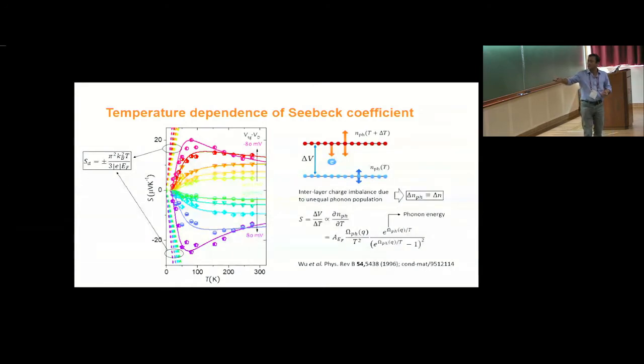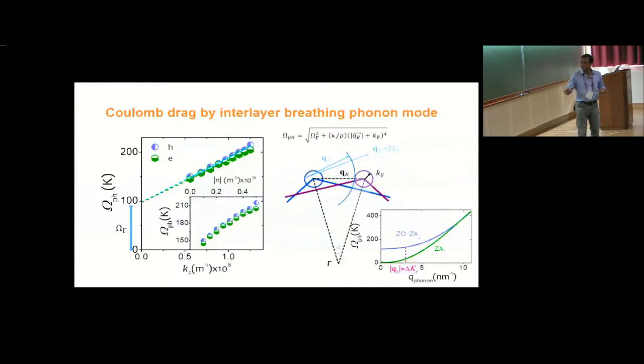As a result, you have a thermopower which is fairly well described by this expression, and it also allows you to know what the phonon energy is that is responsible for this kind of behavior. It turns out that this agrees wonderfully with the zone boundary phonons in the layer breathing mode. Right. So this part is more or less under control now.